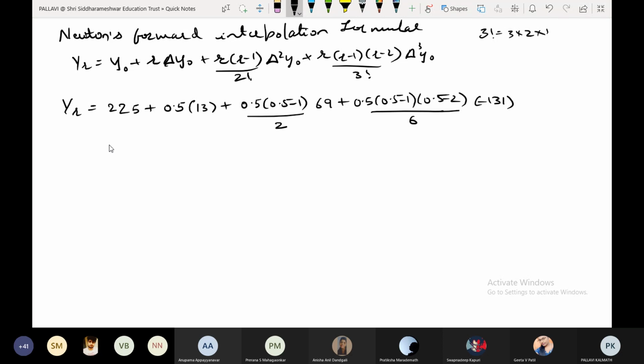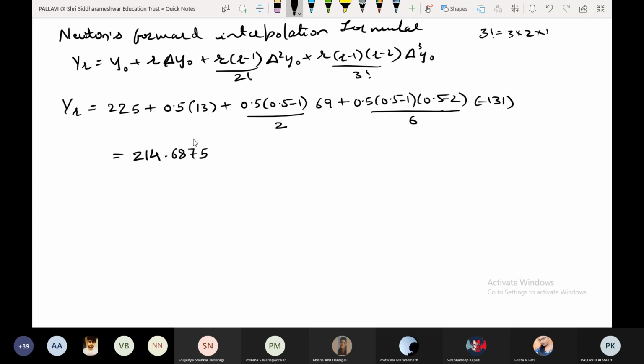Do the simplification and tell me the answer you are getting. Check your answer.